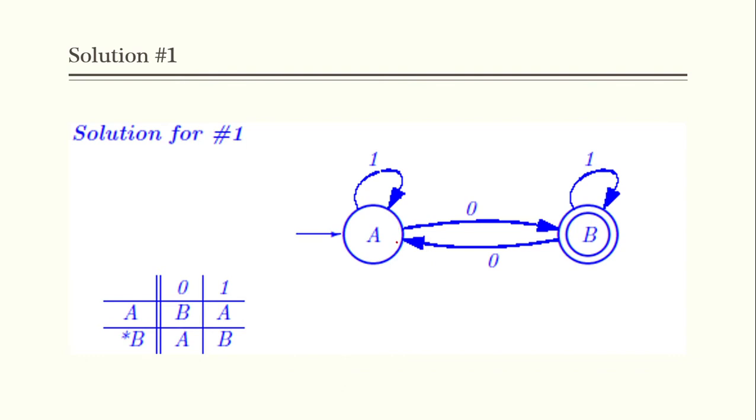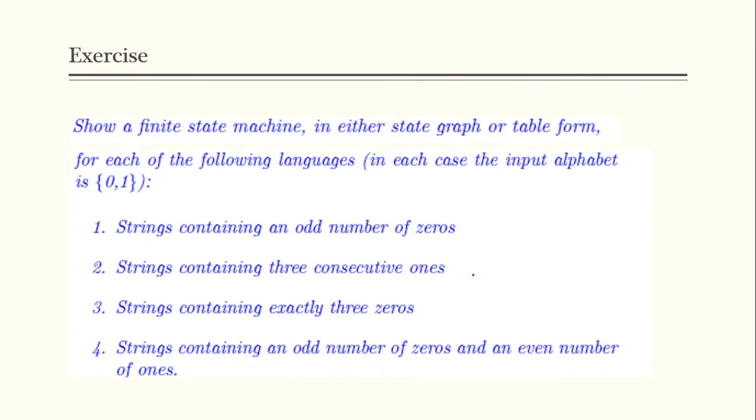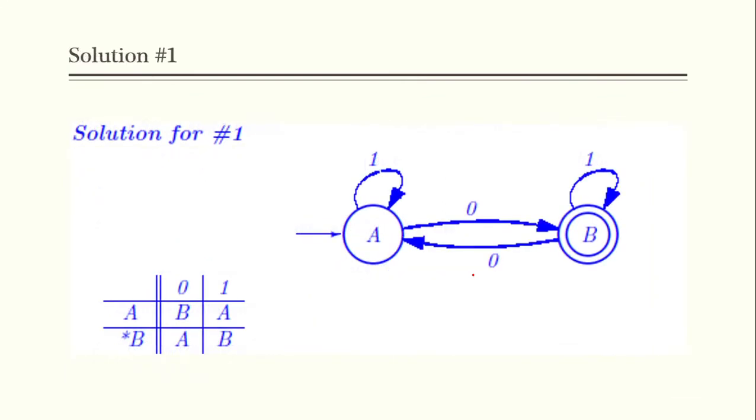And then you go from A to B, which is 0, and you go from B to B itself, which is the accepting state. So you got 1, 0, 1. So the number of 0s is odd, which is a single 0.